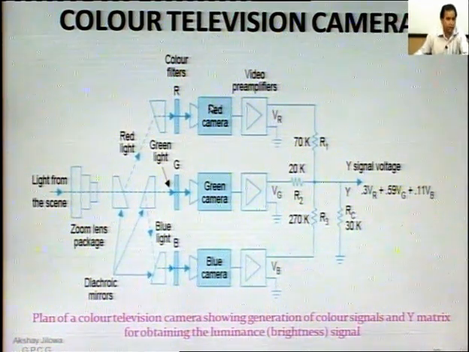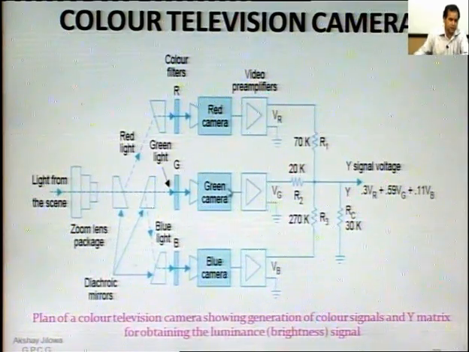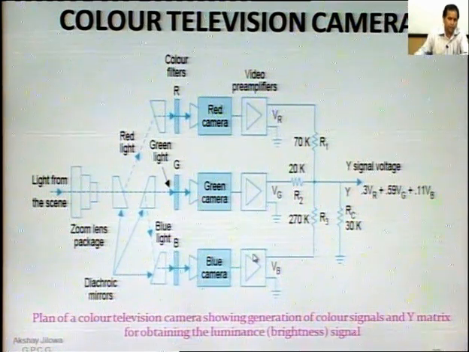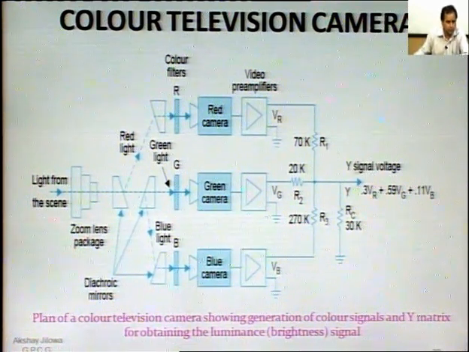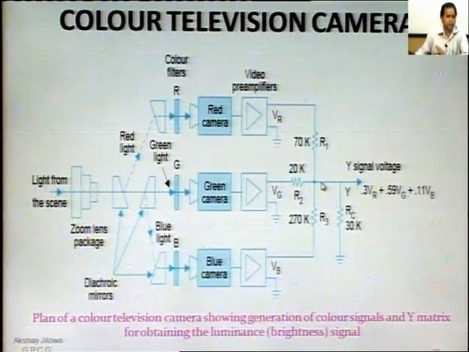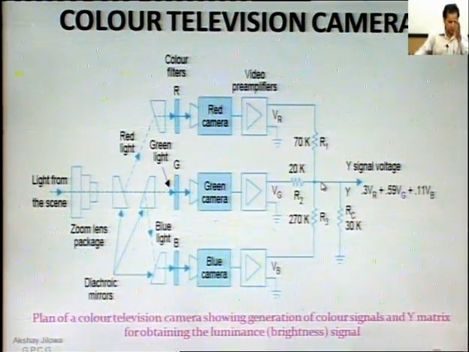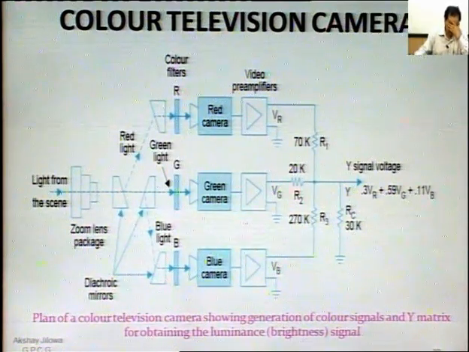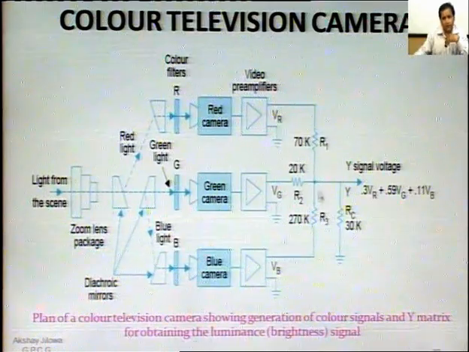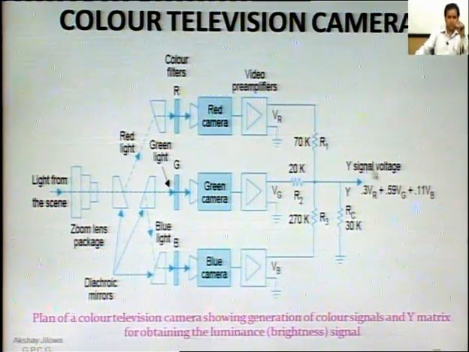and these three sets of wavelengths are then treated in three different cameras. This is the red camera, this is the green camera and this is the blue camera. These are the video pre-amplifiers, and after generating the signals, these three signals are mixed. As we have just discussed, to achieve compatibility these three colors should be treated as if they are a single signal.